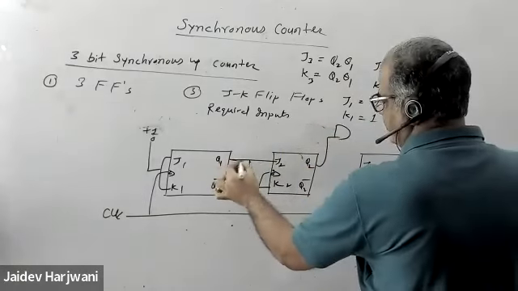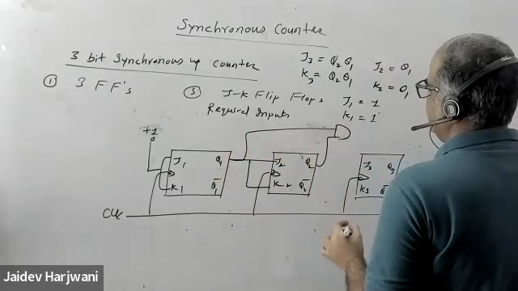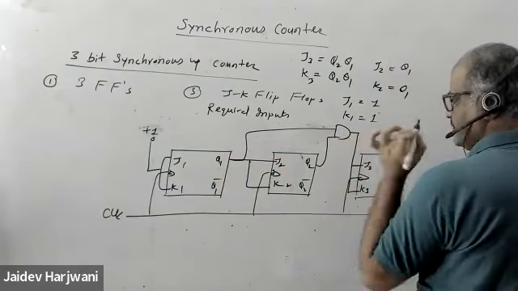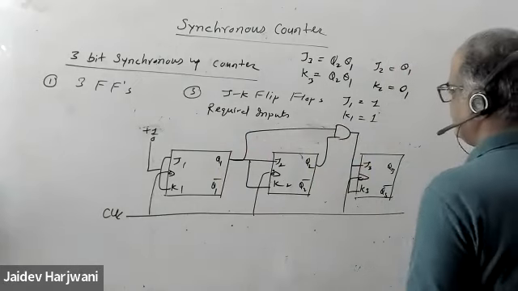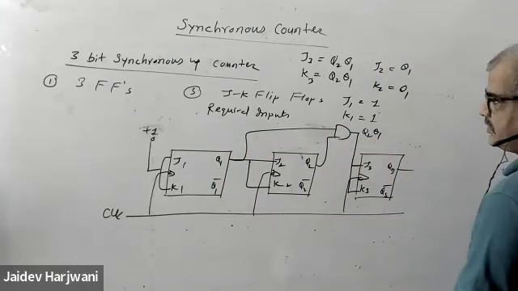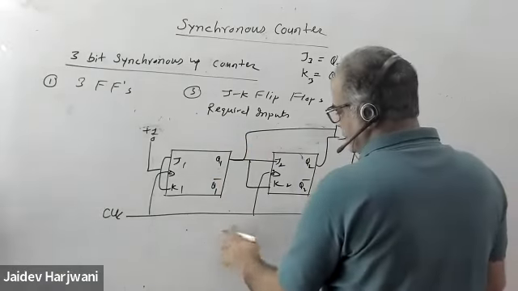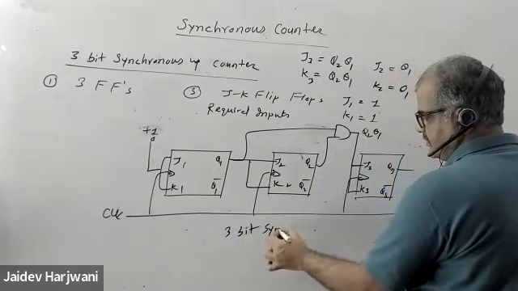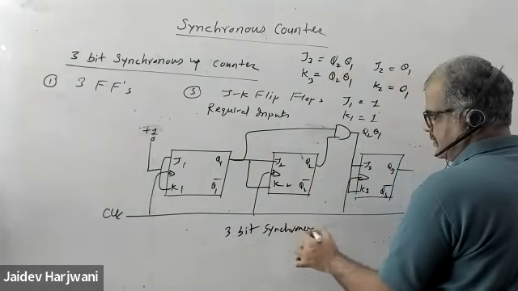You take Q1 from here, and Q2, Q1 will go to the AND gate, both of them. This is your 3-bit synchronous up counter.